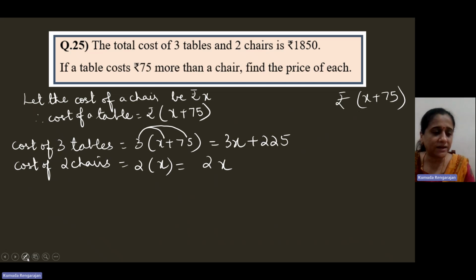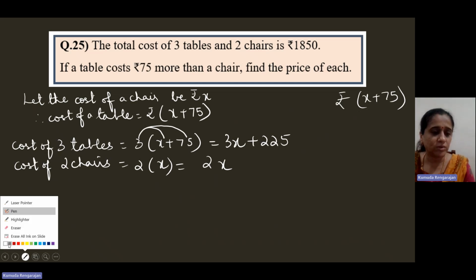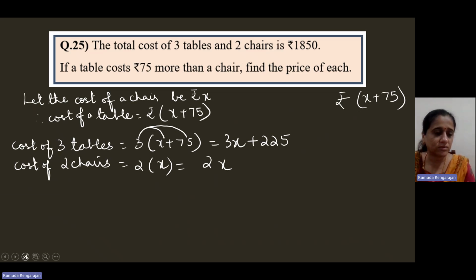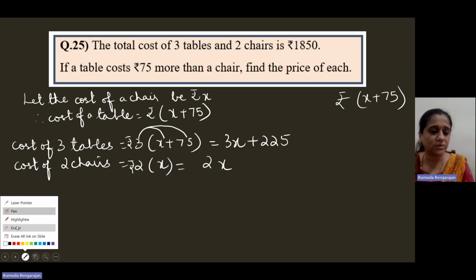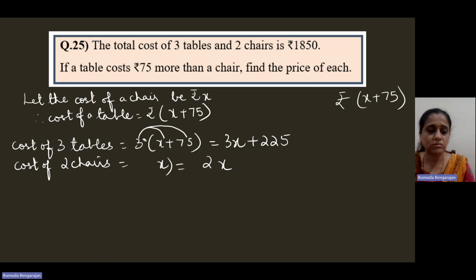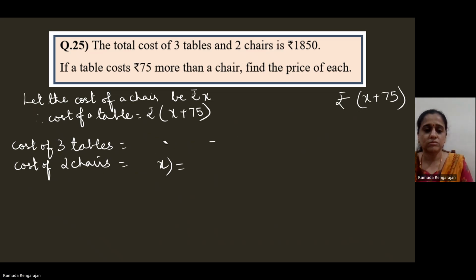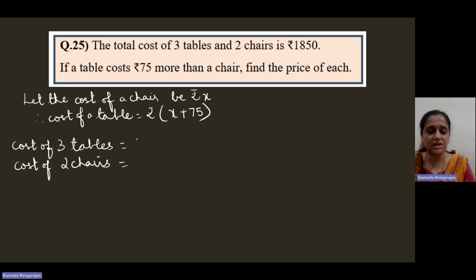You can put a bracket and rupees and all that. Just give some space, don't get confused. Cost of 3 tables will be rupees 3 into X plus 75.